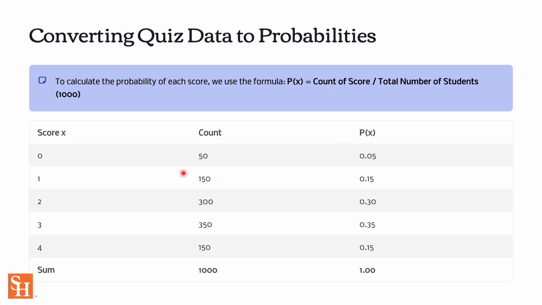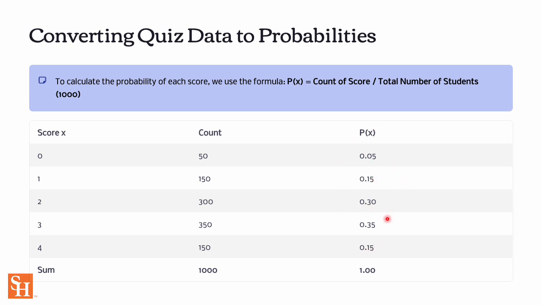So here we have to take the count and then divide by the total number of students. The probability associated with this would be 50 over how many students? 1000 students. So 50 over 1000, which is 0.05, then 150 over 1000, which would be 0.15, and so on.